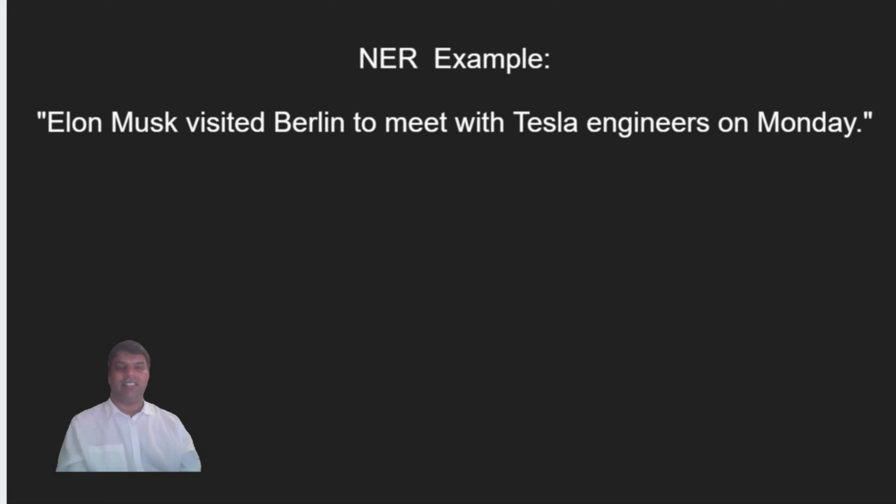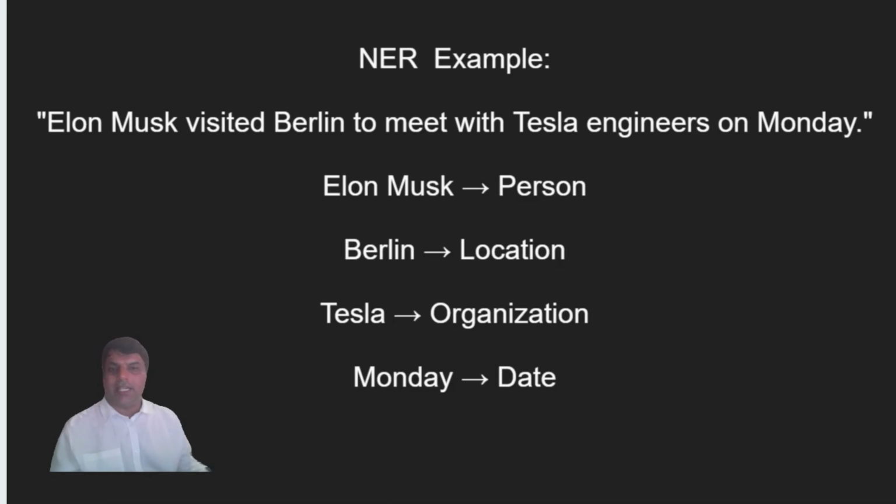So let's divide this sentence into different entities and learn how it works. Yes, Elon Musk is a person, Berlin is a location, Tesla is an organization, and Monday is a date.